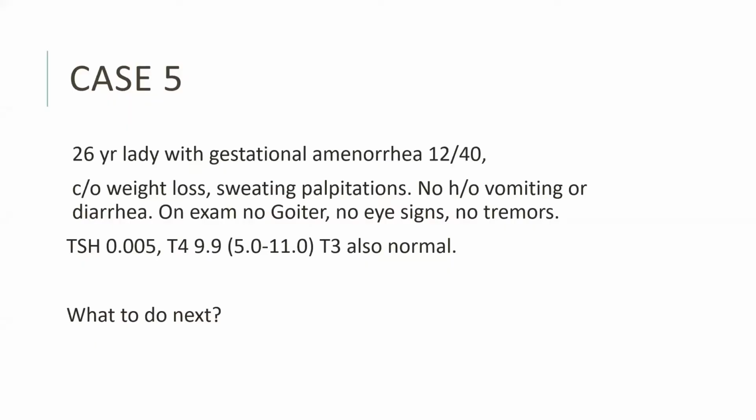Would you like to proceed for beta HCG because the patient has no symptomatology at all? There is a history of weight loss, sweating, palpitations. Again, these tests show that the TSH is quite suppressed, but you see the T4 is in the normal range. It is not more than 1.5 times upper limit of normal.